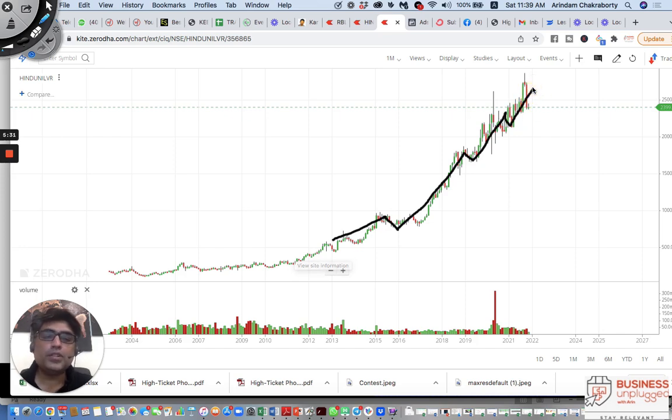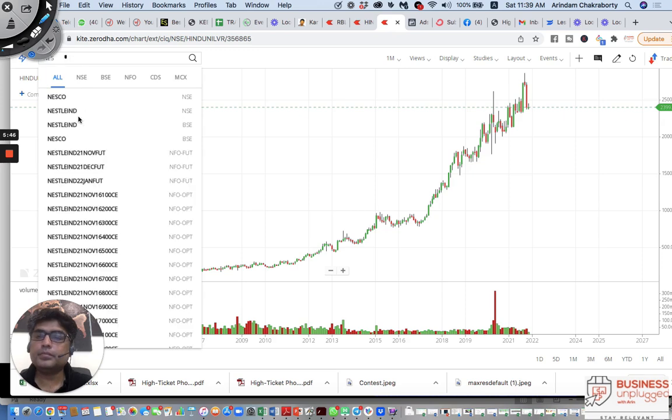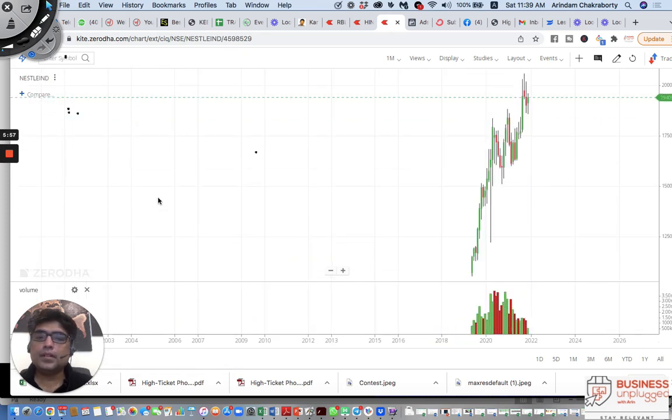So in any good stock, you'll see this sort of pattern shaping up. You may see Nestle here now. Let me try with Nestle India.